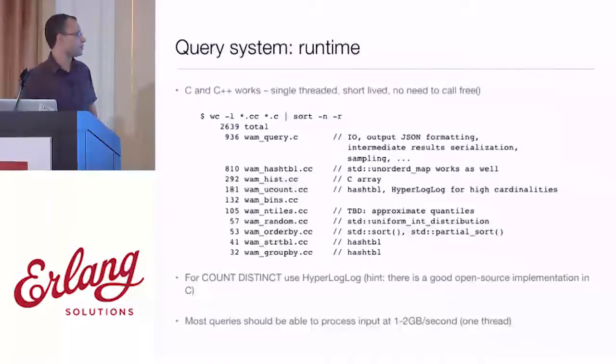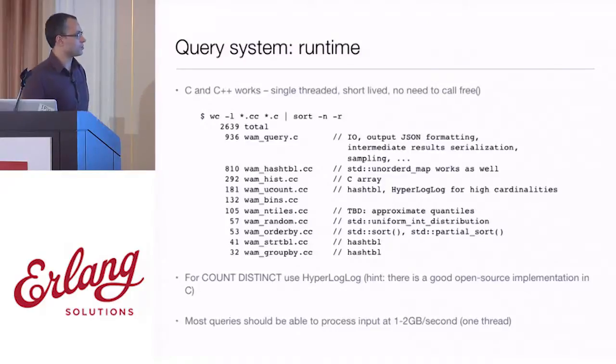So the runtime, really quickly, nothing super interesting. If you think of it a little bit, you will be able to get the same result first time you try. You have to read data, write output, do JSON formatting for the results. You do a hash table, you can do standard SQL.